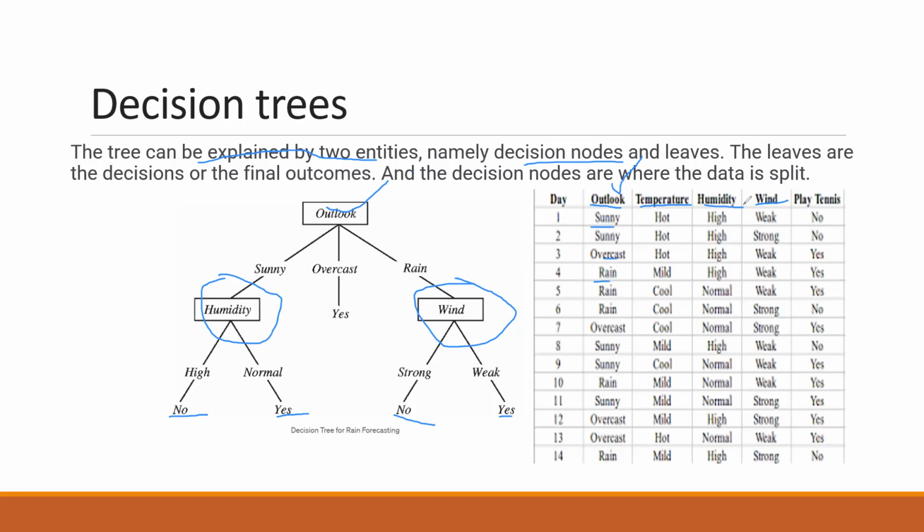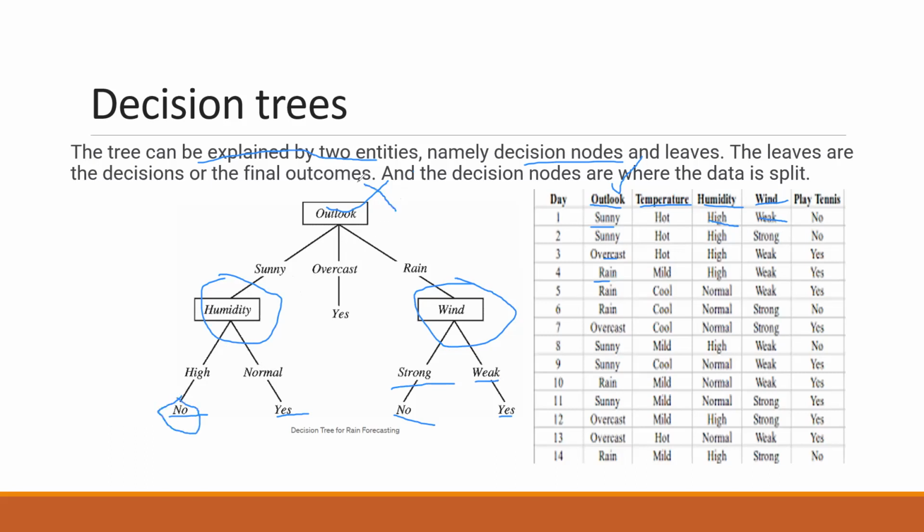Next comes humidity. We are assuming that Outlook's left child will be humidity. Humidity is divided into further values like high and normal, which are assigned as the conditions of the decision node. Similarly, we have wind, which has weak and strong. Every leaf node, not root node, is assigned a label.